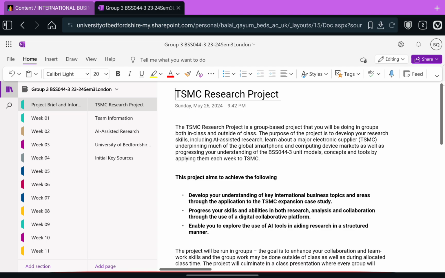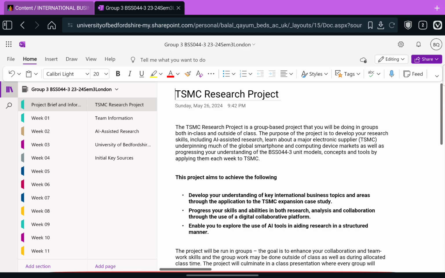The idea is that you have your academic theories, models and concepts, and the international business tools and techniques that we learn about during the lecture segments in class. Then you'll be applying those same tools and techniques in the group work part of the classes.